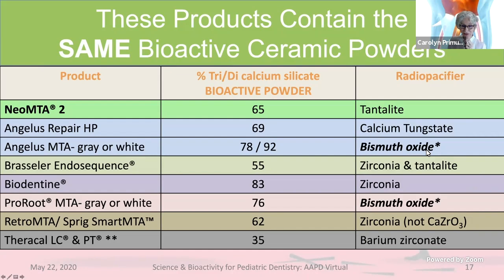Originally, bismuth oxide was used, but now people are using tantalite, calcium tungstate, and even zirconia is popular, and barium zirconate. Let me make a couple of points: products with bismuth oxide are well known now, especially in pediatrics, to cause discoloration.